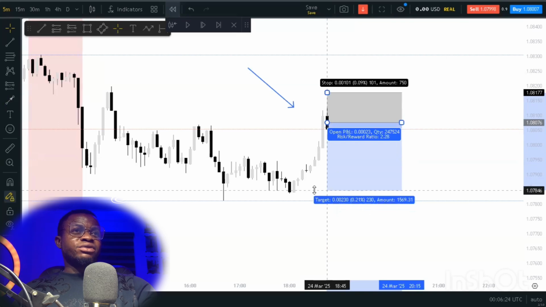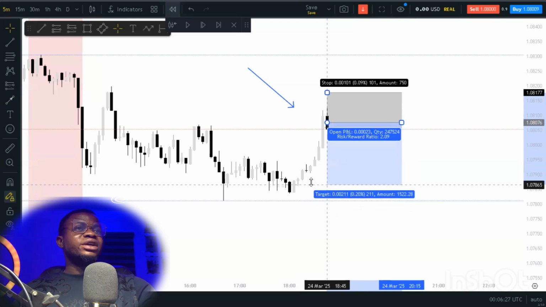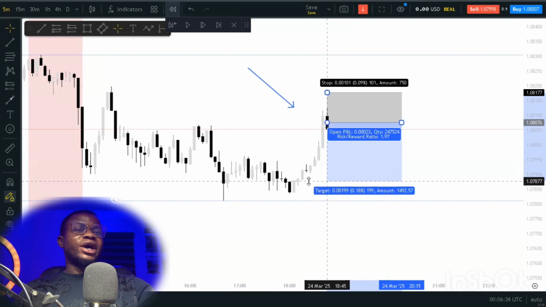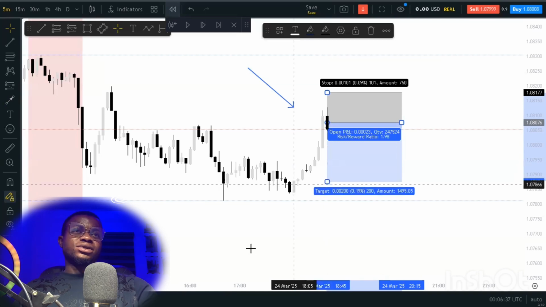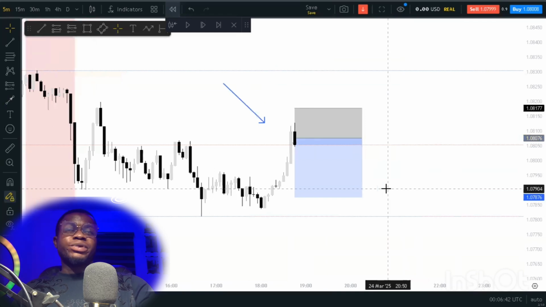And mind you, this should be the very first thing you do after taking any trade. After taking any trade, you should set your stop loss and take profit immediately, because that will help you secure your capital. So here we go. This is 20 pips take profit and 10 pips stop loss.